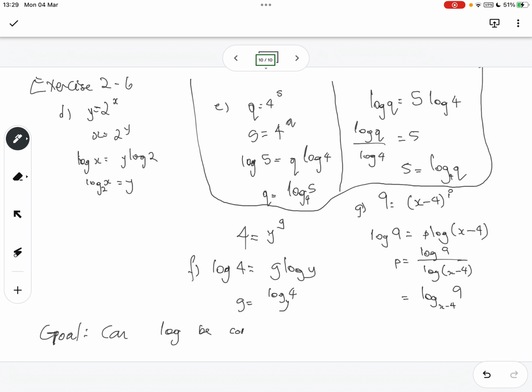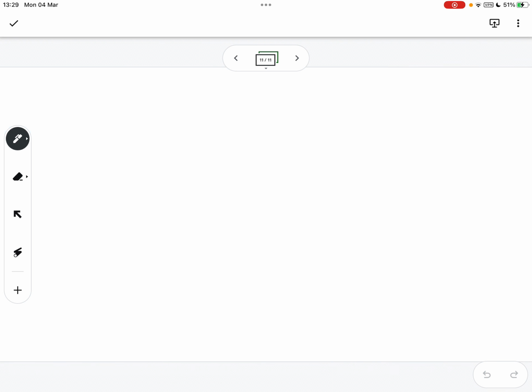Our goal: can log be correctly applied to y equals b to the x? That's what we want to check with this exercise.